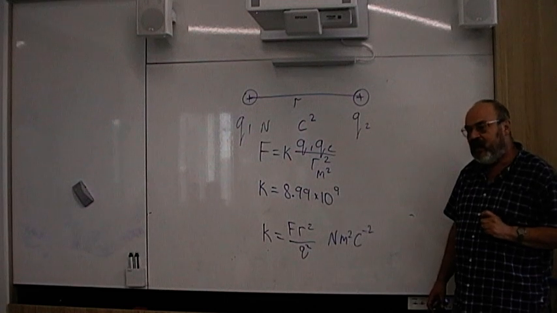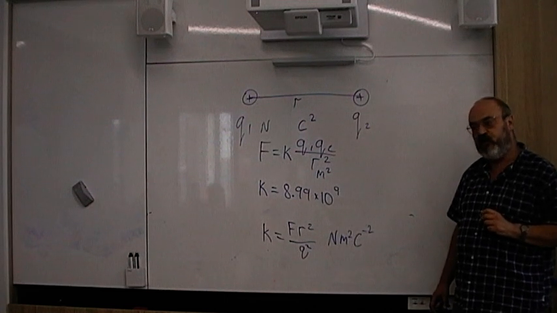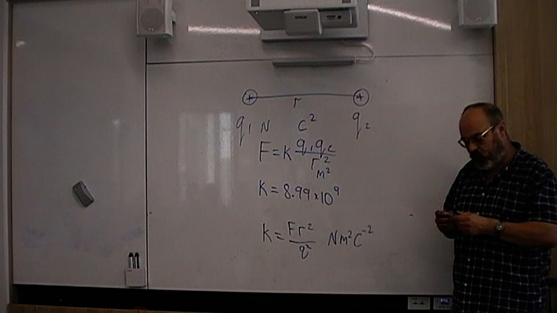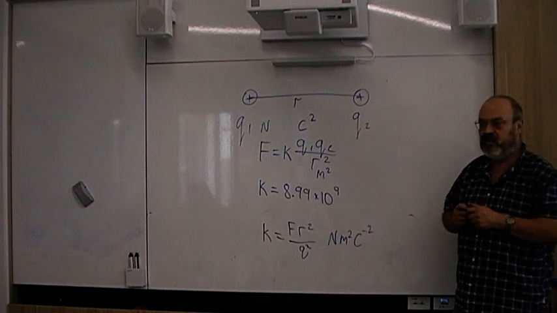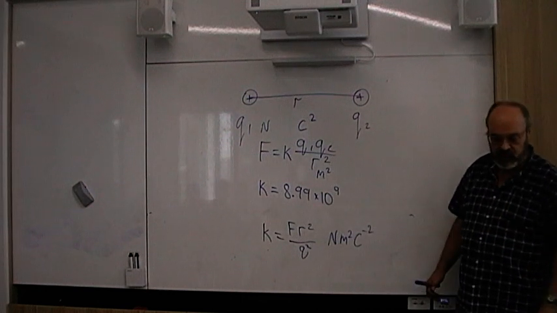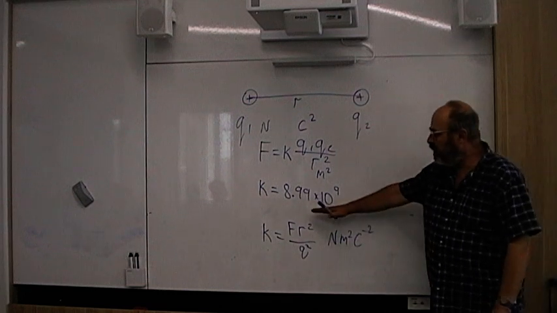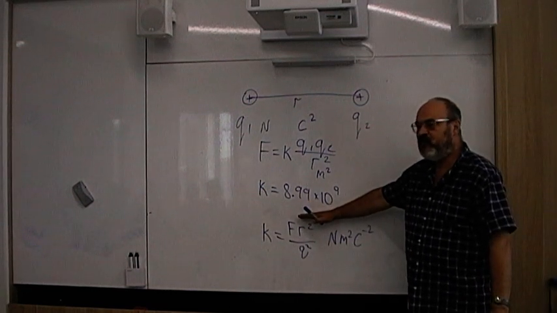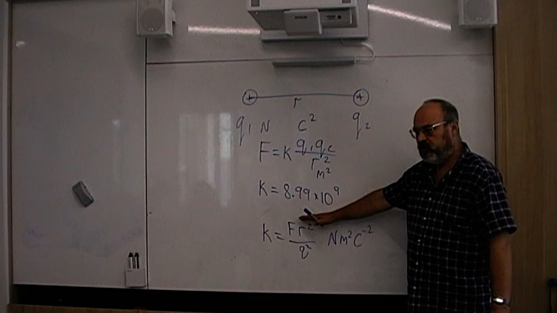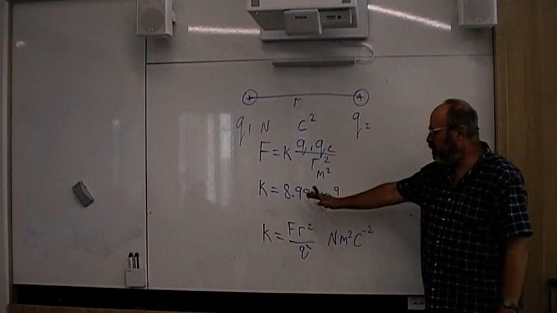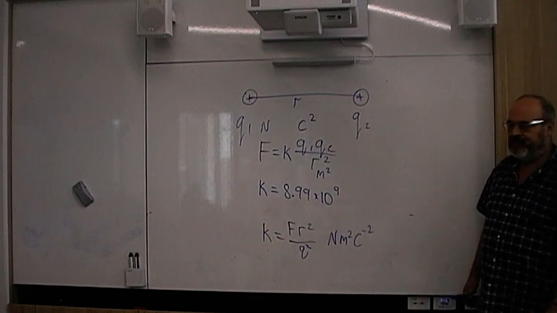K depends on the medium. In this course, we're not considering this effect, but this number is for empty space, for vacuum, or for air. In air, it's pretty much the same.